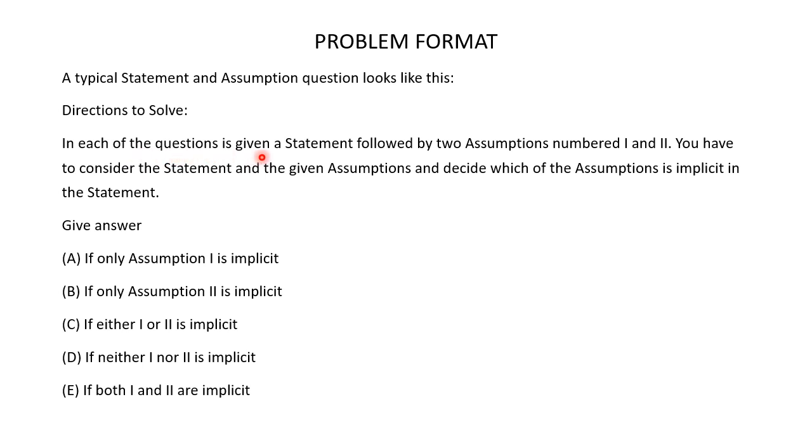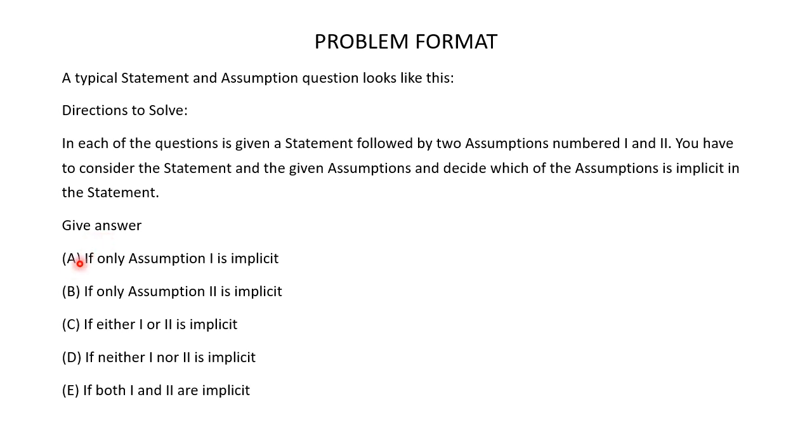In each of the questions is given a statement followed by two assumptions numbered 1 and 2. You have to consider the statement and the given assumptions and decide which of the assumptions is implicit in the statement. Implicit means that the assumption is implied or suggested but is not directly expressed.